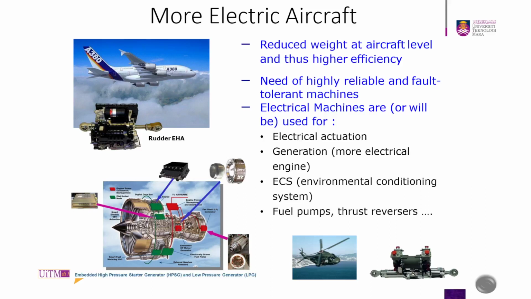So we need to have a system which is highly reliable, and we must make sure that there is no fault at all. We must keep the risk to a minimum, because it's very risky to fly an aircraft. Very risky, isn't it? And then we have the electrical machines used for electrical actuation, generation, the ECS, environmental control system, fuel pumps, thrust, and reversers.